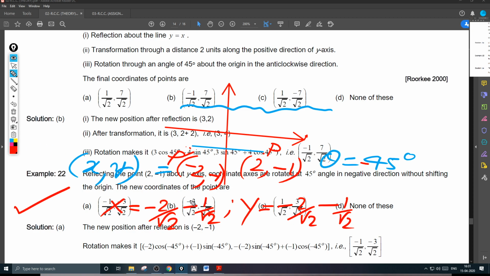This will become plus 1 by root 2. And here minus x sine 45 plus 2 by root 2. Minus x sine of minus 45, which becomes plus 2 by root 2, plus y cos 45. That is 1 by root 2. So the answer is minus 1 by root 2, minus 3 by root 2.